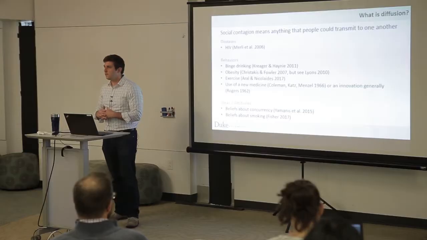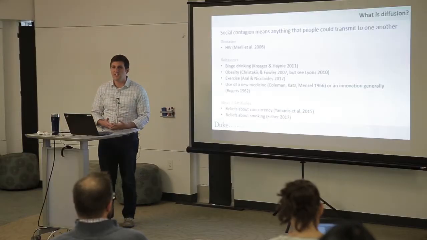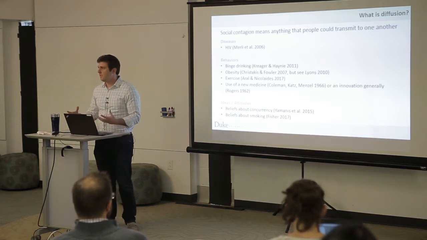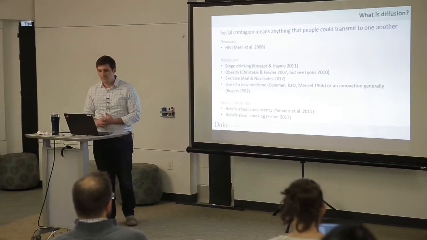It is fundamentally an epidemiological idea, but as Jim mentioned, it's been expanded to include a wide variety of different possible things that could spread between people. We could start with thinking about HIV, or the flu, an actual disease that spreads between a group of people.